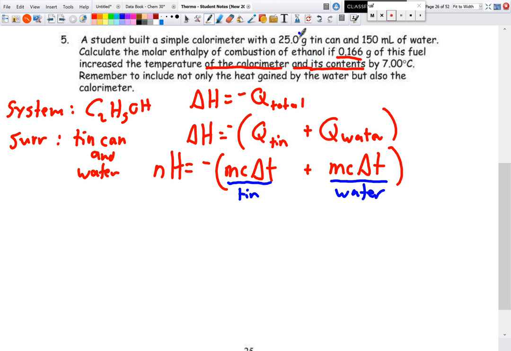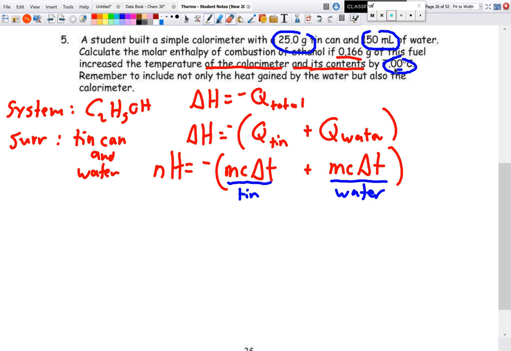And when we look at it, the mass of tin is here, right? So mass of tin, specific heat capacity of tin found in your data booklet. Change in temperature, 7 degrees Celsius. Mass of water, right here, 150 milliliters. Specific heat capacity of water, you can find it. Same thing, delta T, given right here, 7. So that's just setting that one up.